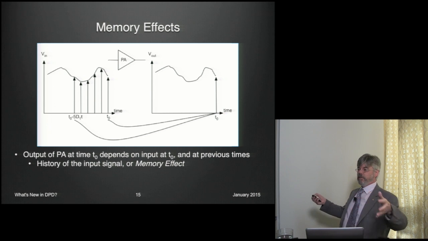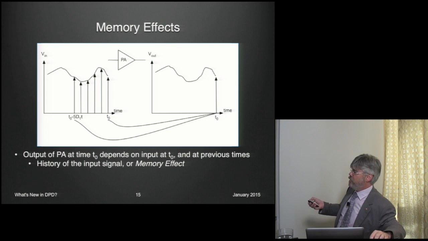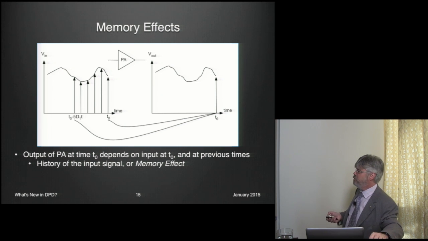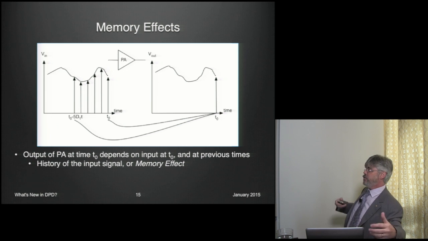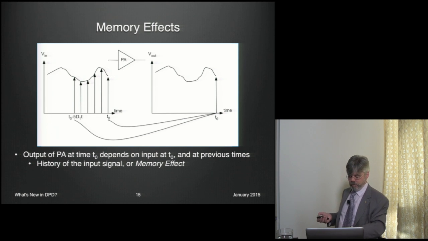So let's say we've built a system and it's running at 100 megasamples a second, and so we need whatever it is, 5 samples or something of memory to describe the PA properly, so we can build a DPD system. Let's now increase the bandwidth, so we increase the clock rate, so we've got more samples.